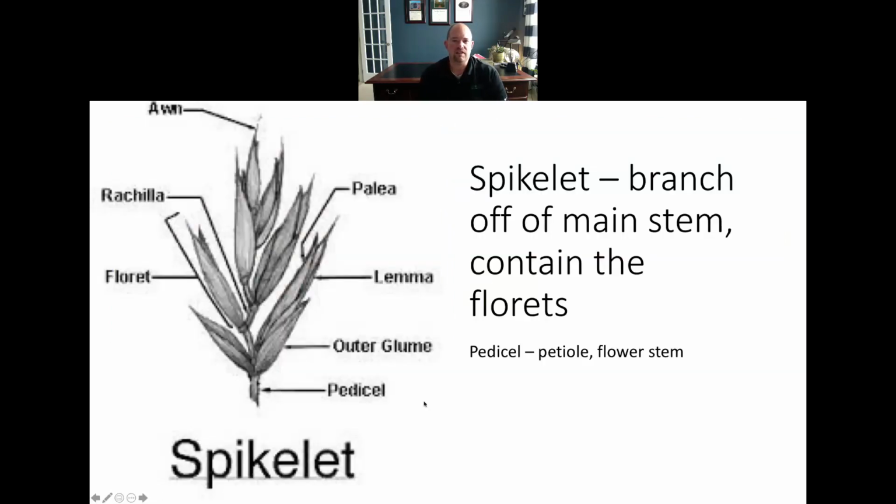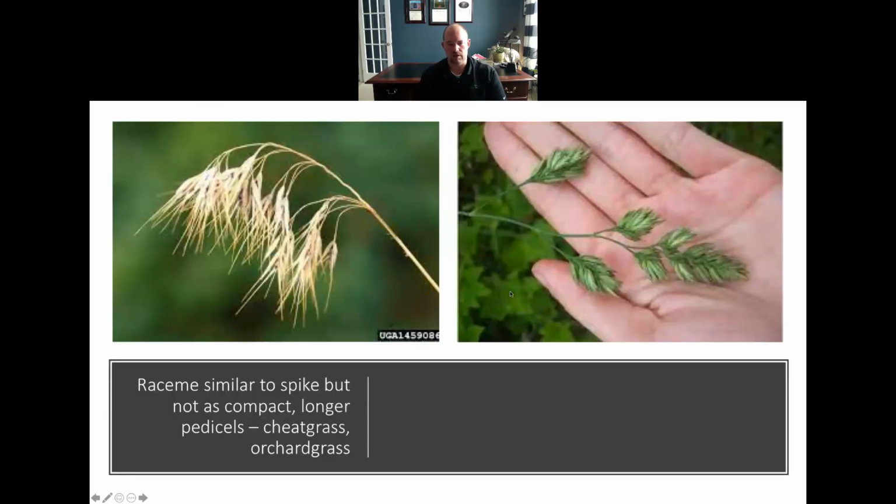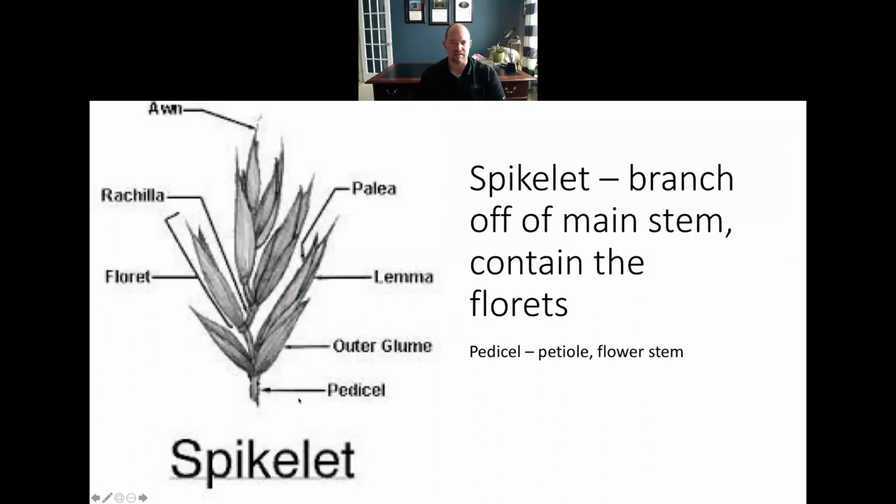So when we get into the actual spikelet on the flower itself, again we have that pedicel. So this would be the pedicel here where it's coming off of that main stem. You have the outer glume, okay, and the outer glume is the outer shell on that flower. You have your floret, okay.